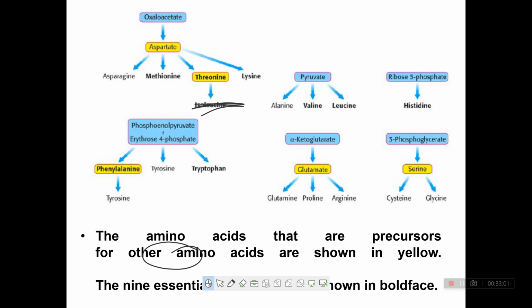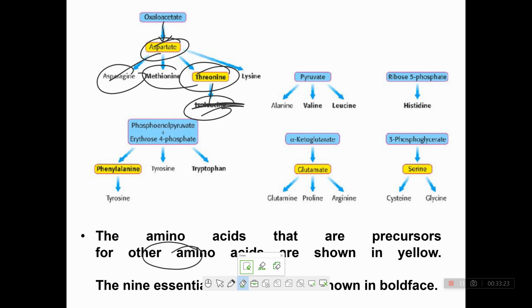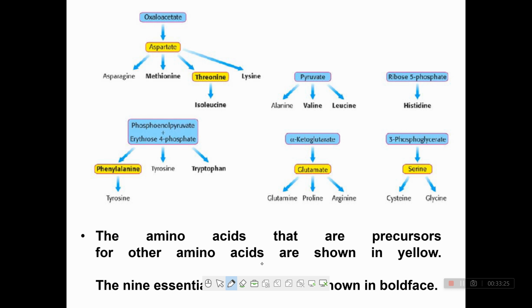This is how the amino acids are synthesized. Oxaloacetate is converted into aspartate, then asparagine, methionine and threonine, and threonine is converted into isoleucine, and then lysine.